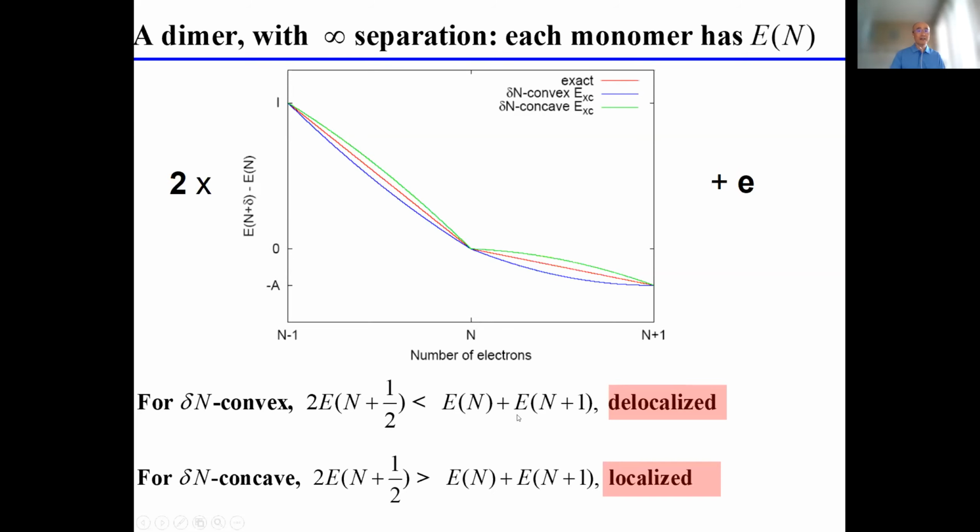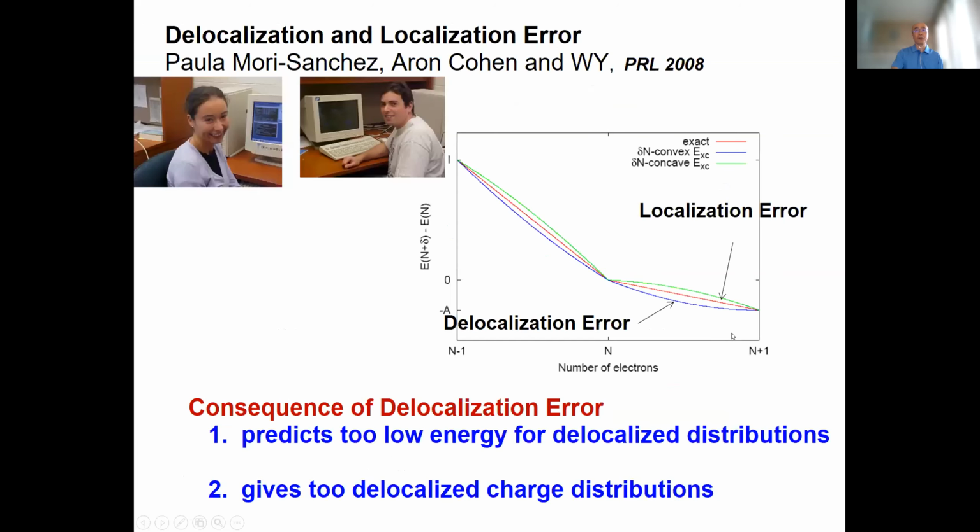So basically, DFT has an intrinsic error of too low energy for delocalized distributions. We call this delocalization error for the convex deviation, and localization error for the concave deviation. That's commonly seen in most functionals, including GGA and hybrid functionals.